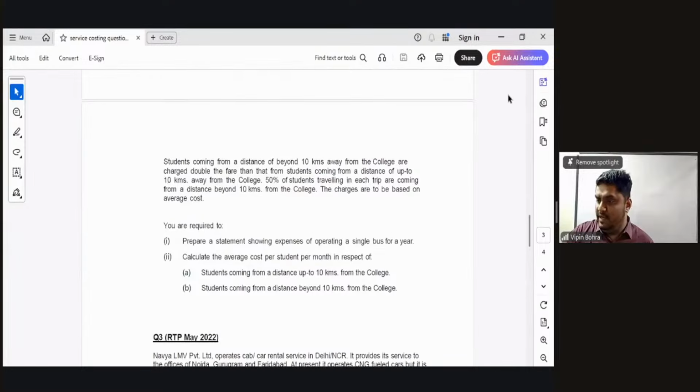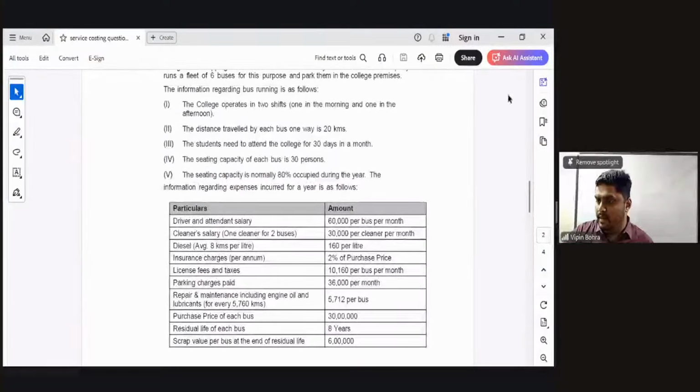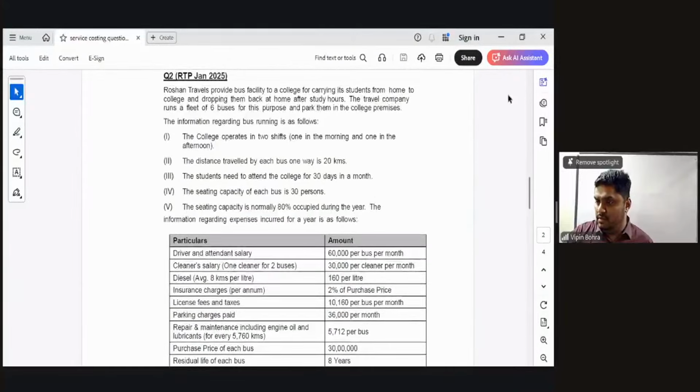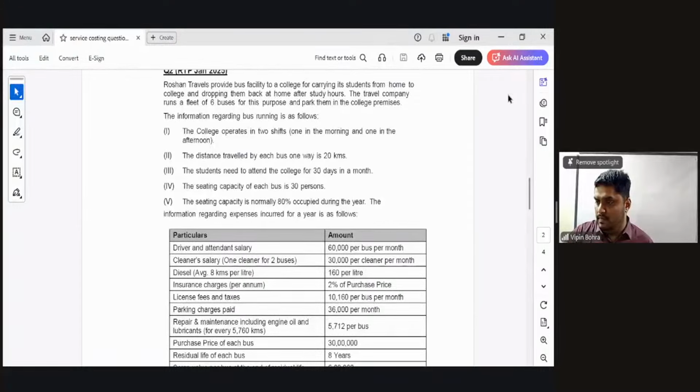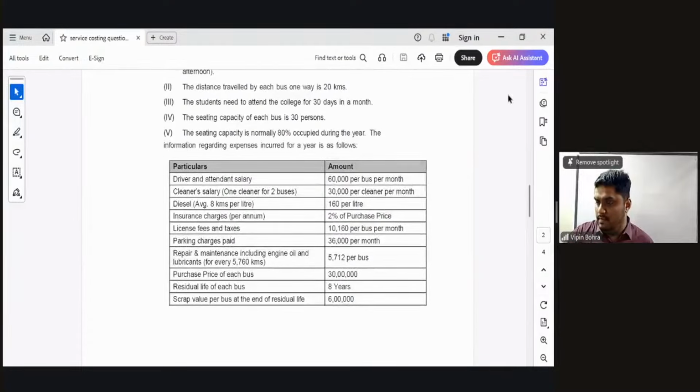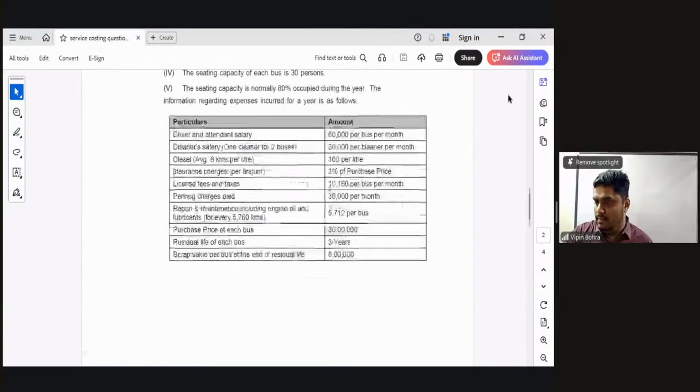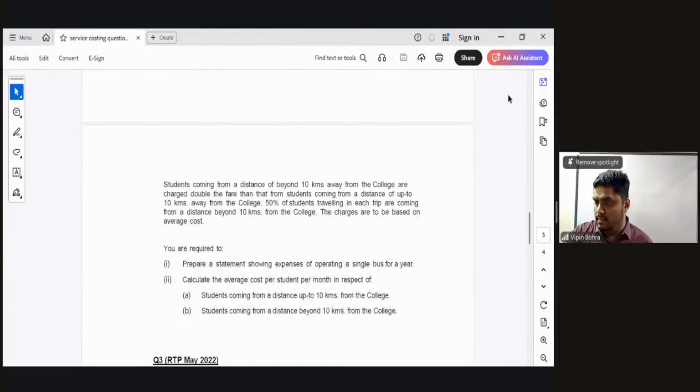So this is the second page, and this is the first page. So let's start with this question.